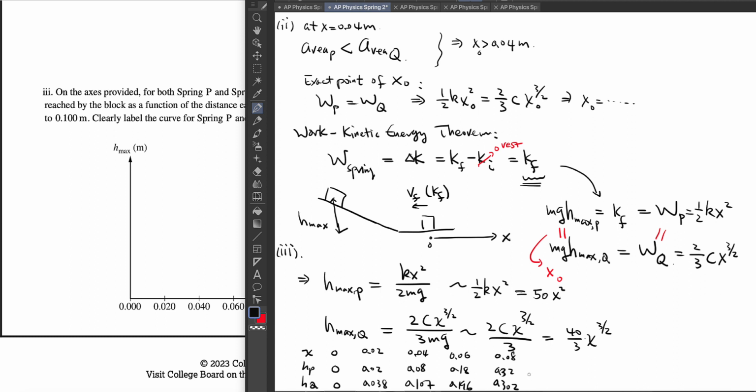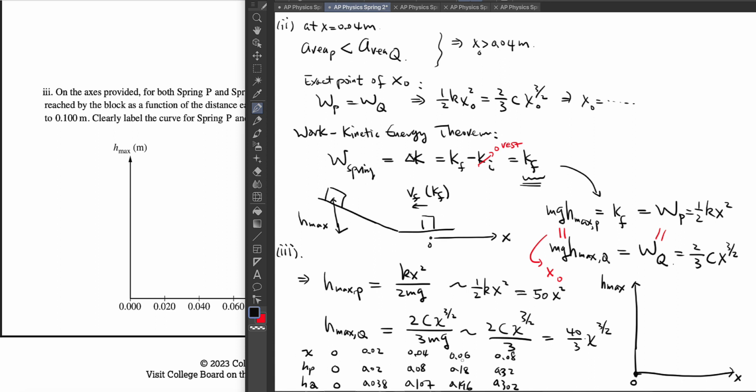So when we draw the picture, let me draw a small picture right here. That's H max, and that's x. At 0 they're the same. I'm going to use the black dot for HP.